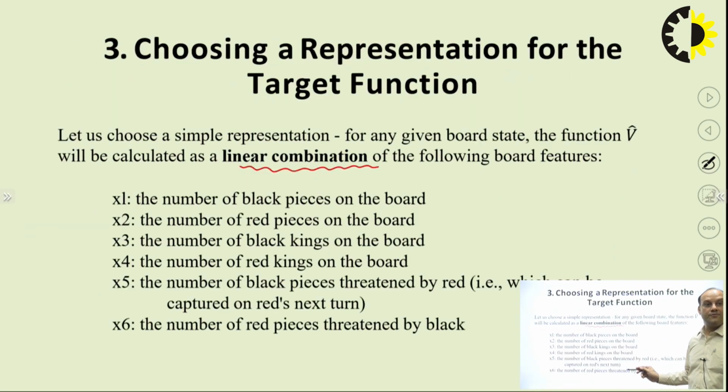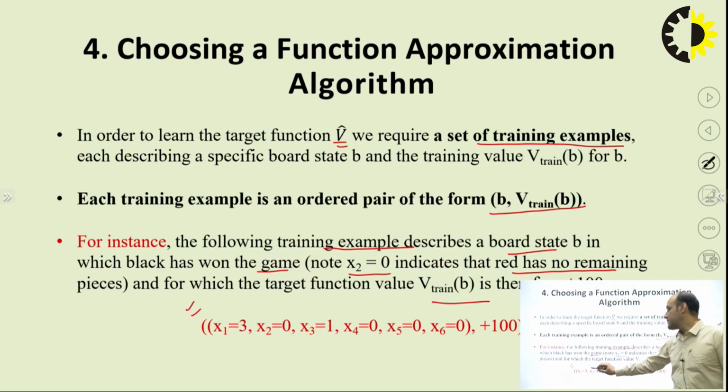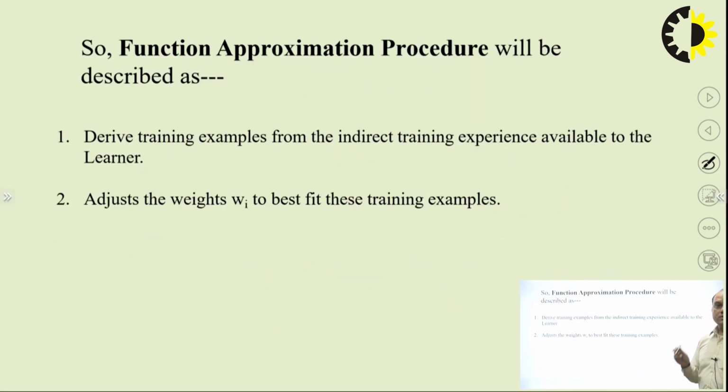These are the states. I have taken the example where black has won the game. So x1 is equal to 3, x2 is equal to 0, where x2 means all the red opponents are down. x1 is 3, meaning 3 black pieces were left on the board. Using this, I give the procedure for this function approximation.